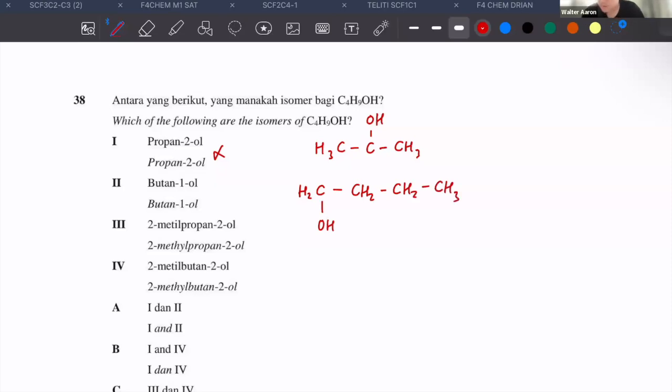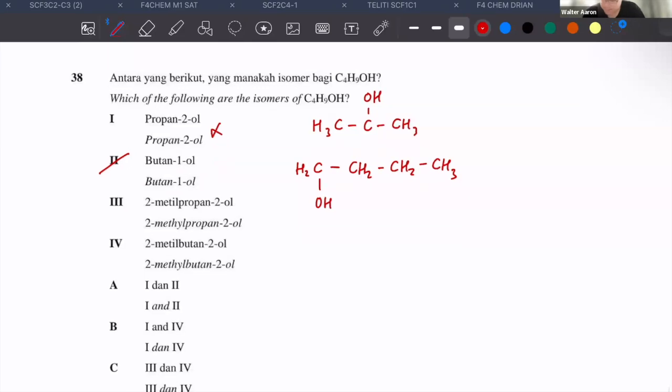So you calculate the number of hydrogen and number of carbon, number of oxygen. You should know that this is actually correct for number 38, right?